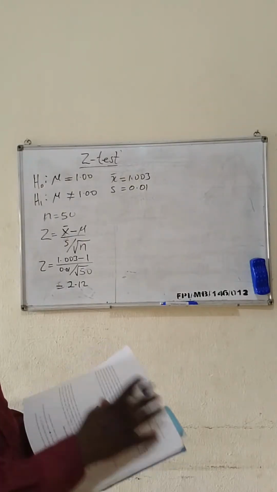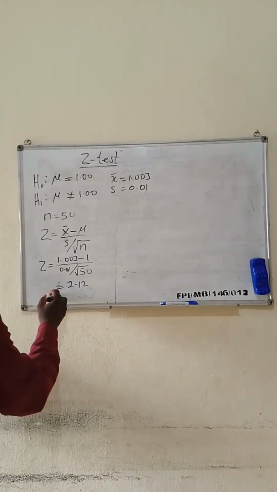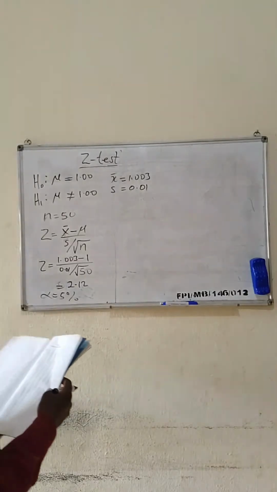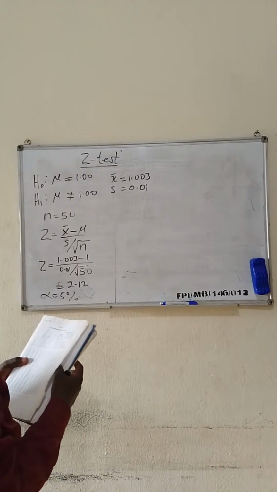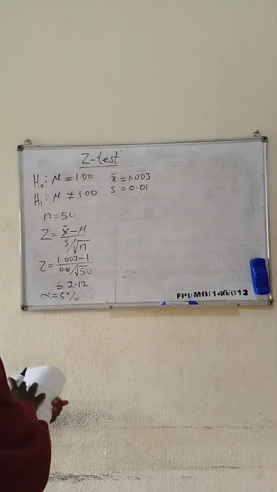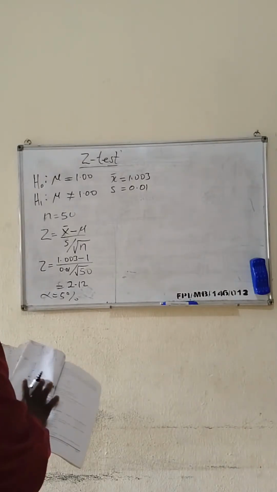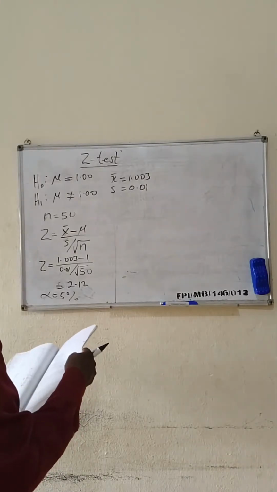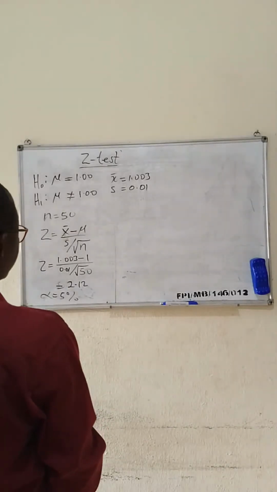If you go back to the table now, alpha is equal to 5%, that is 0.05. You go to the double tail, and when you check from your table, you will see that the answer is 1.96.